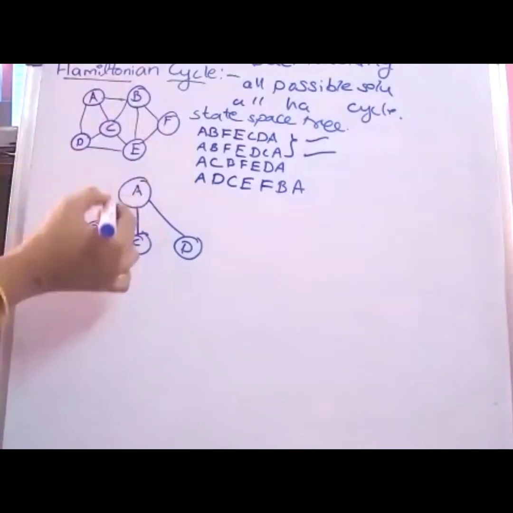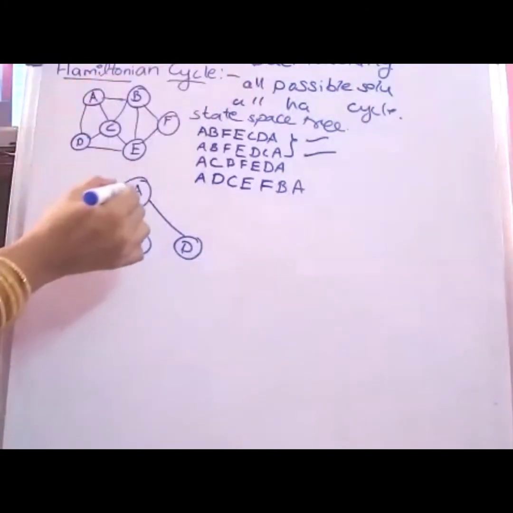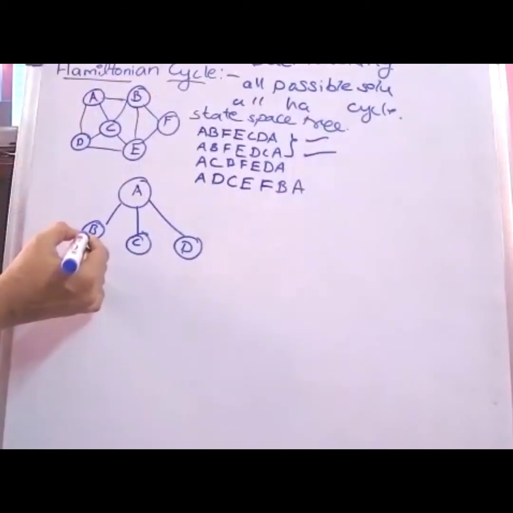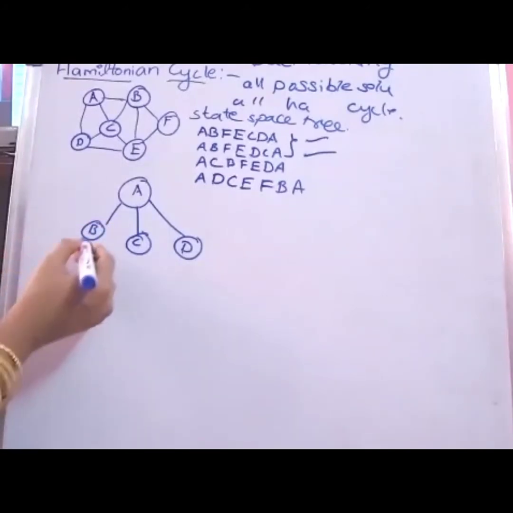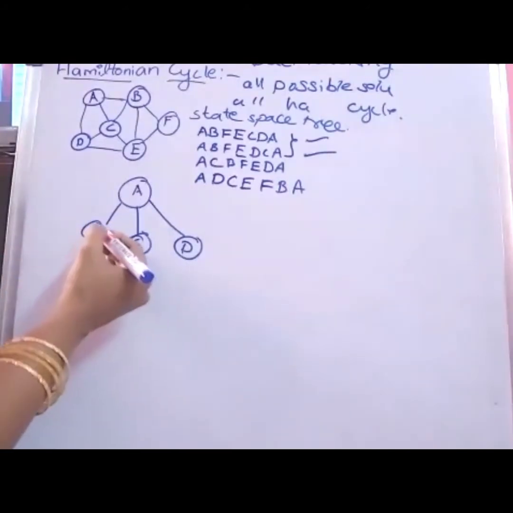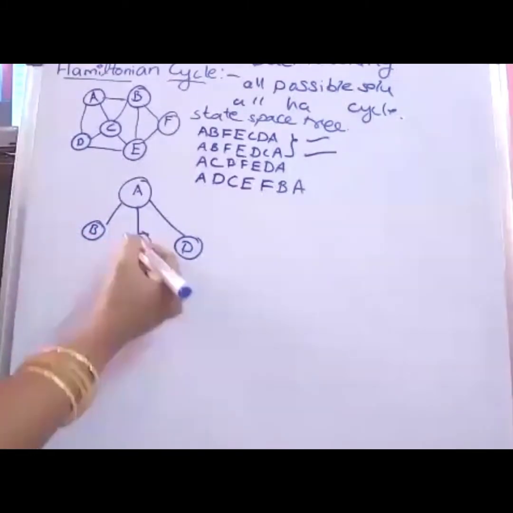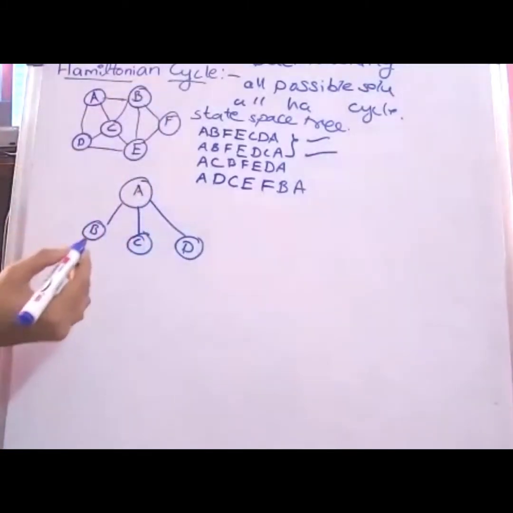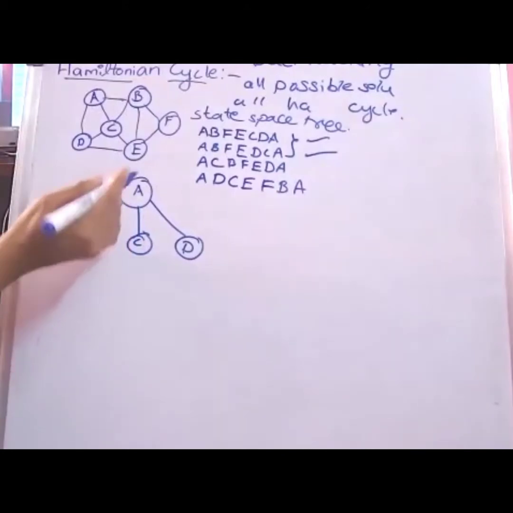First, according to the DFS and backtracking technique, I select from the left-hand side. After A, I first consider the adjacent vertex B. After completing this way, I can go back and try to find all the possible solutions. So according to the DFS technique, I start from this point and go this way.